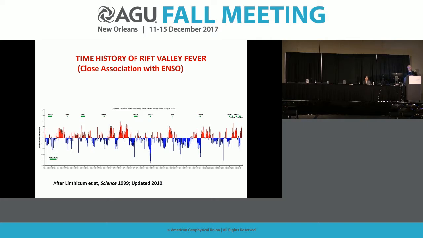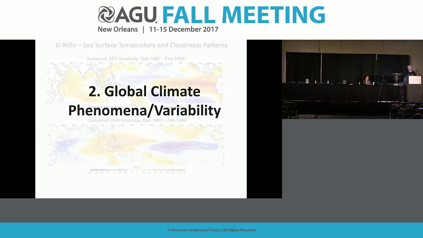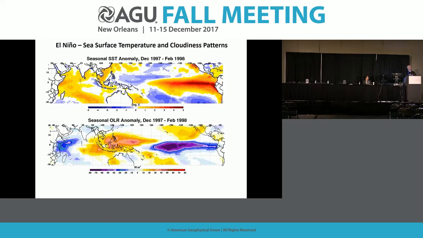There's one other factor that has to happen, and I'll tell you about that in just a moment. So we look at global climate phenomena, and since it's closely linked to ENSO events, we're very interested in El Nino, when it's warm here. And then the second part that has to happen is warming of the Indian Ocean in this location.